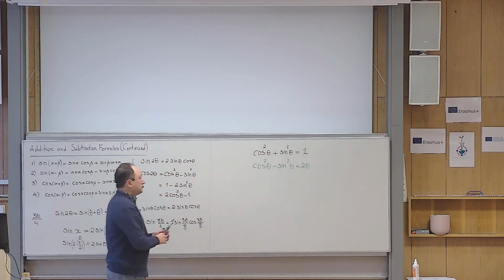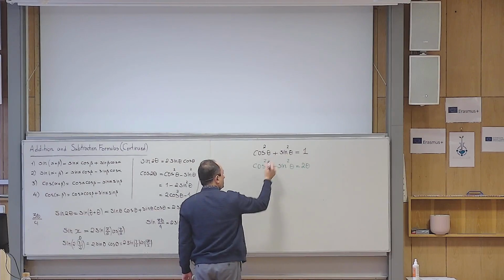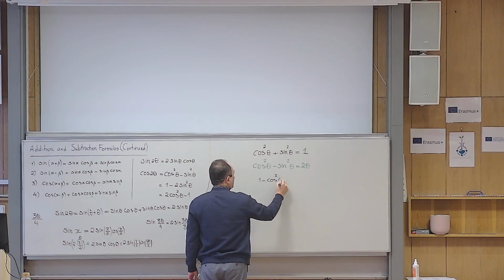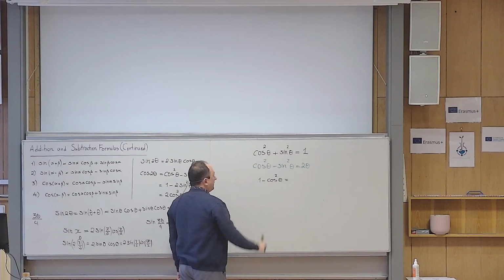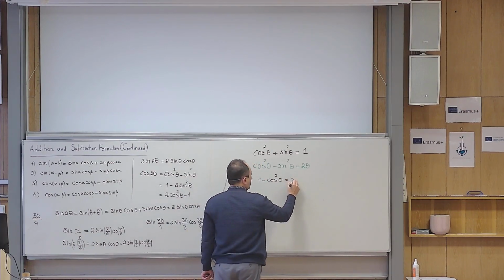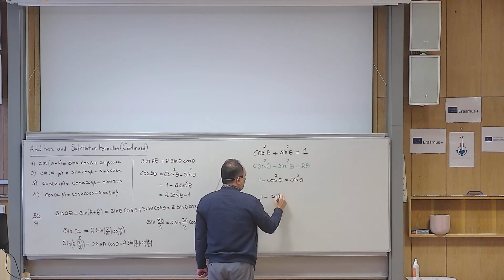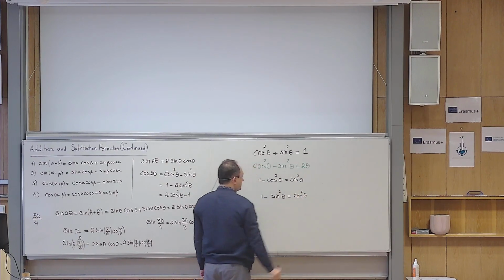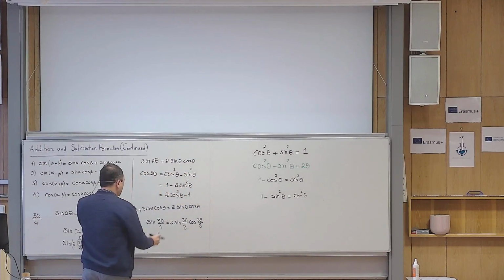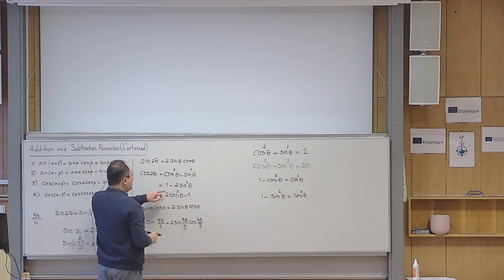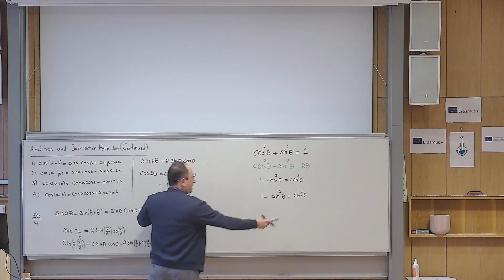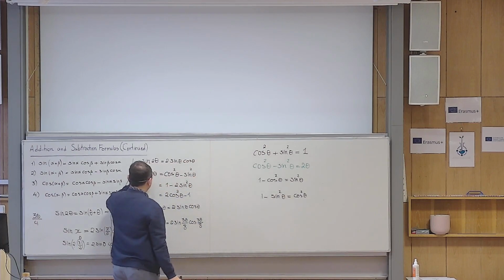Okay. Then from this formula, do you remember we had two other formulas? One was 1 minus cosine to the power of 2 theta. What is the answer here? From the first one, it is sine squared theta. Yes? And then 1 minus sine squared theta is what? Cosine squared theta. So that is exactly the same formula. But now look here. If I have a 2 here, instead of having 1 here, then instead of having 2 up there, I will have 2 down there.